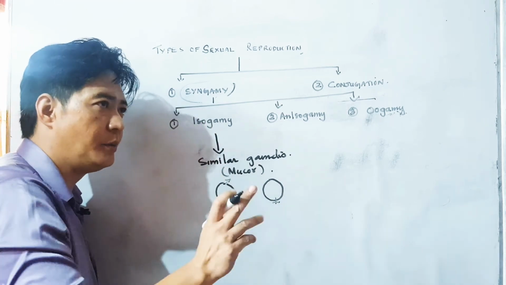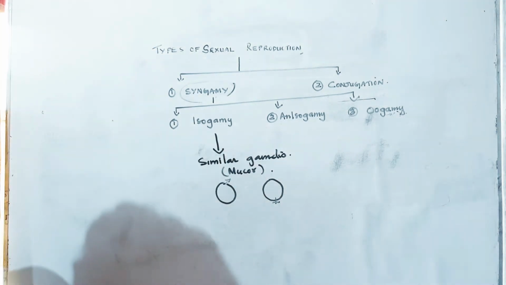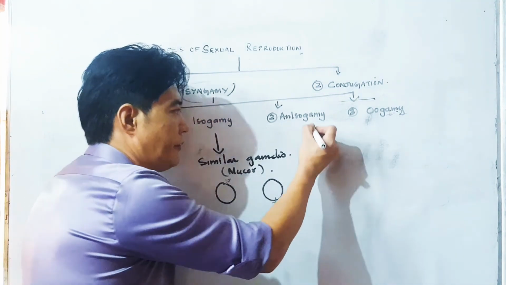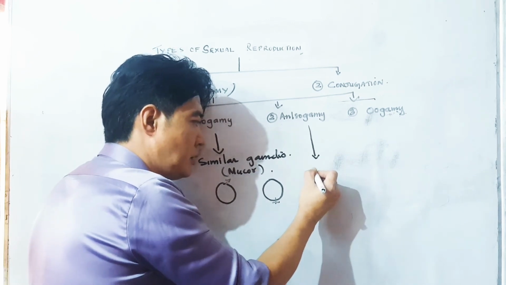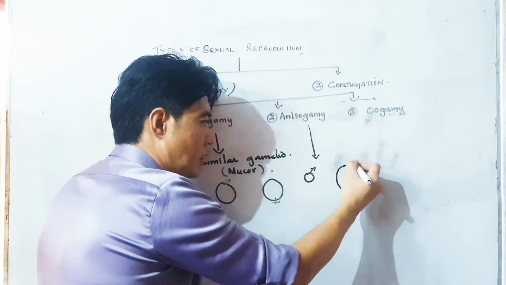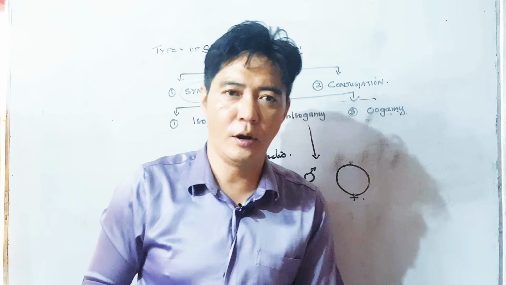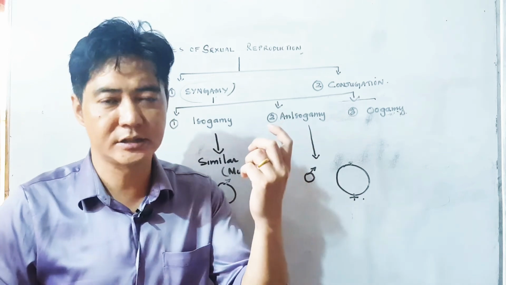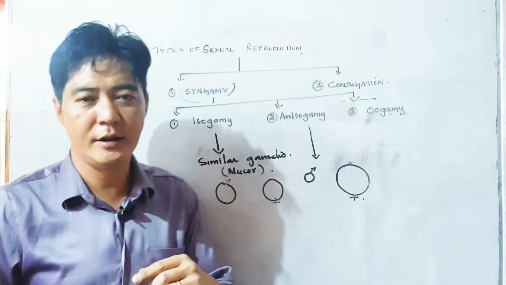For example, mucor species is a fungus. In case of anisogamy, generally male gametes are smaller and female gametes are big or large. Means if the fusion of small male gametes and large female gametes occurs, such type of sexual reproduction is known as anisogamy.